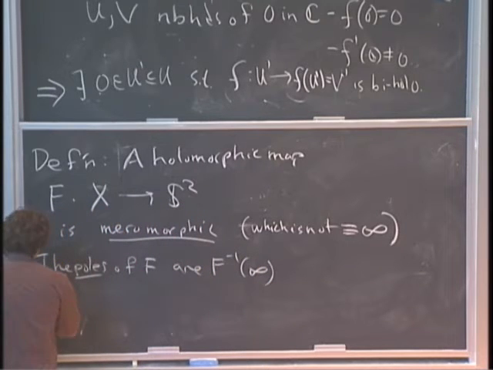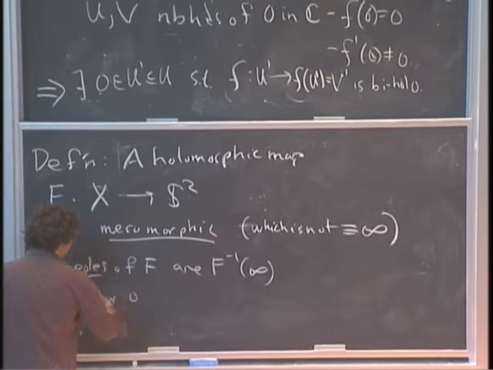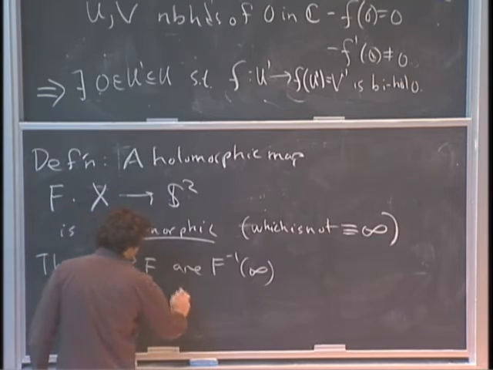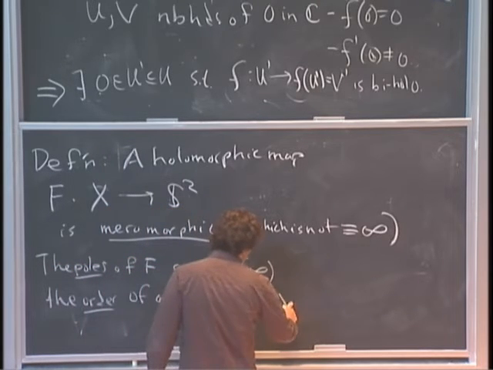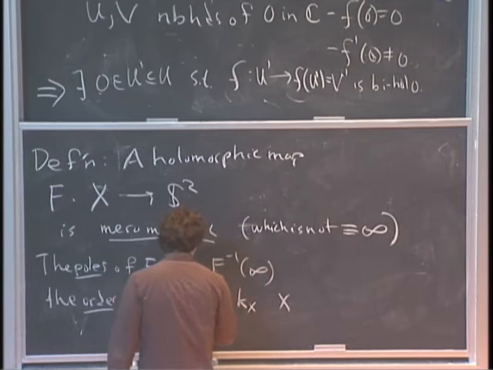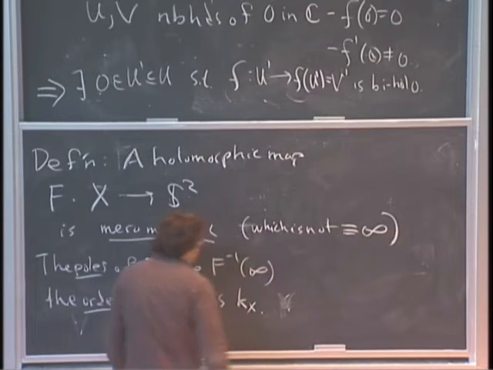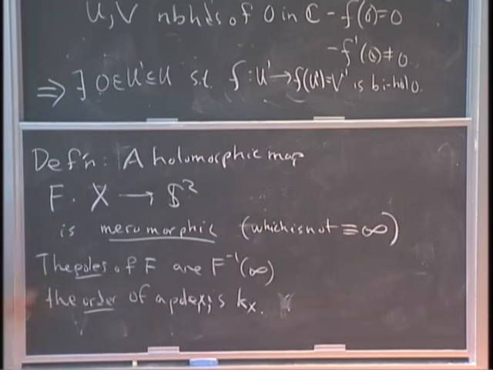And the order of a pole x is the value k sub x. I'll leave it to you to check that when x is an open domain in the complex plane, this agrees with the usual notion of meromorphic.